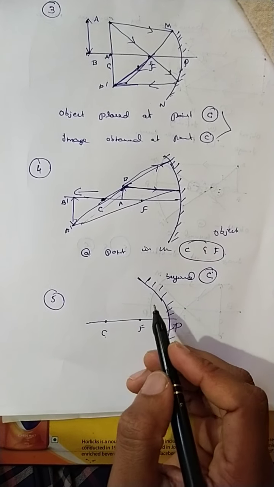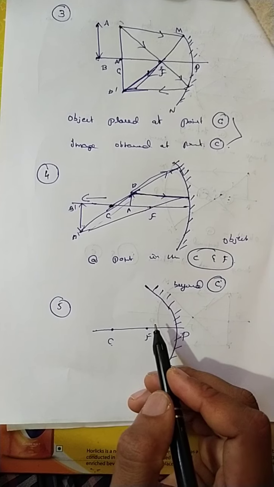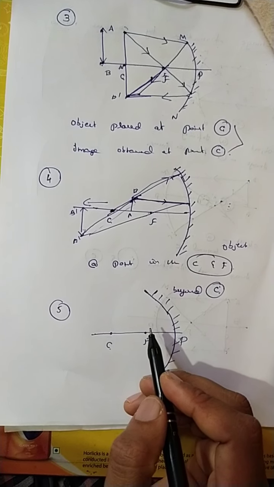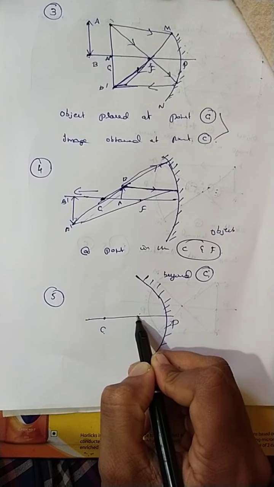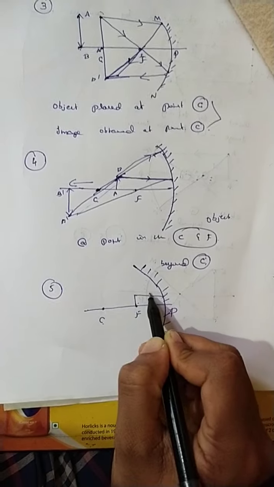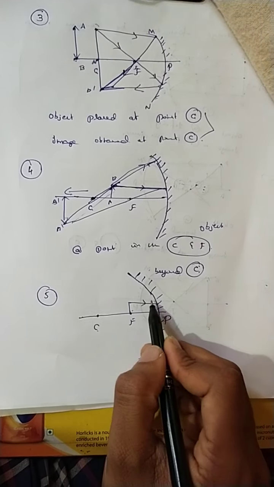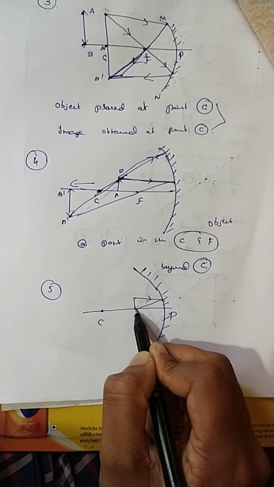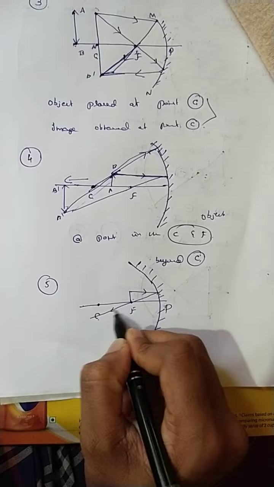We have done the object at infinity, beyond C, at C, and between C and F. Now the object is placed at F. It is point F. The first ray is parallel to the principal axis, then it passes through the principal focus.